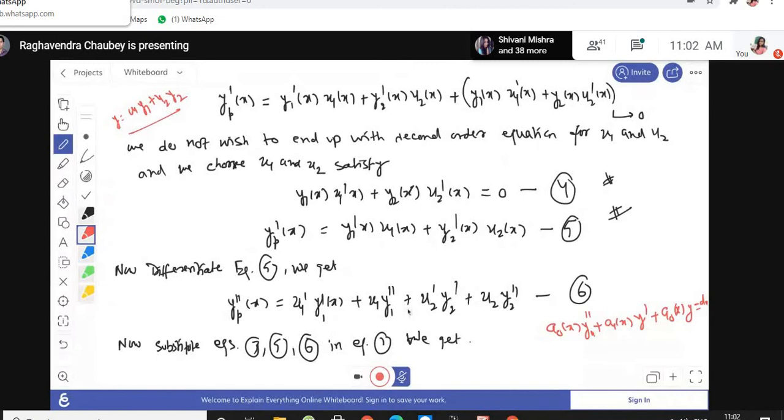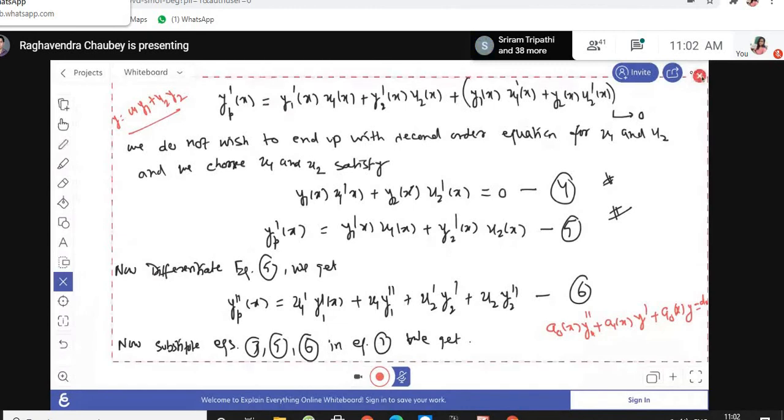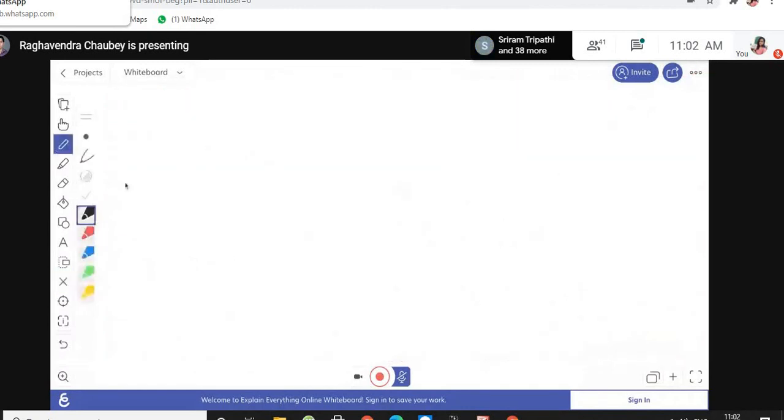Okay, so if we put these values, in the next page we can write this after putting and taking common, in this form. We cannot write it directly, so we can expand this term.